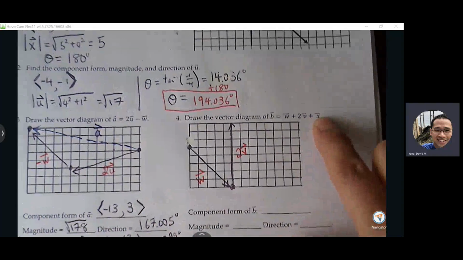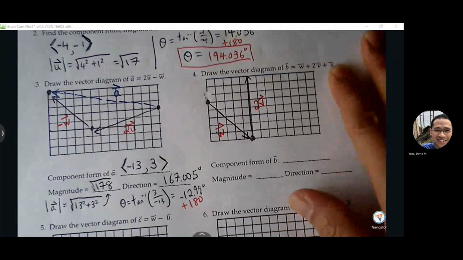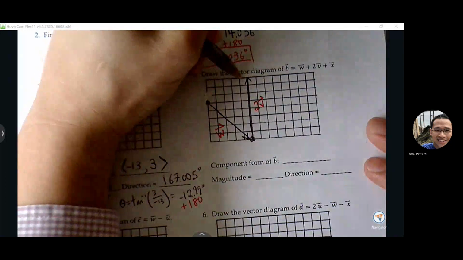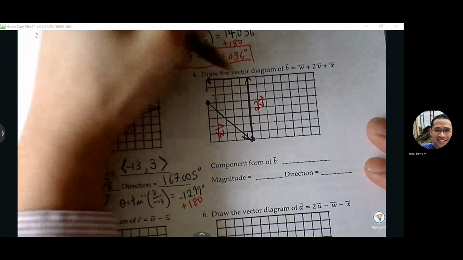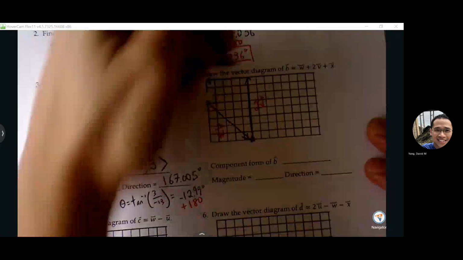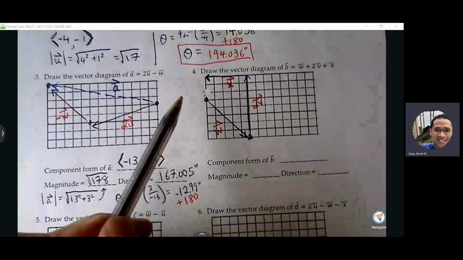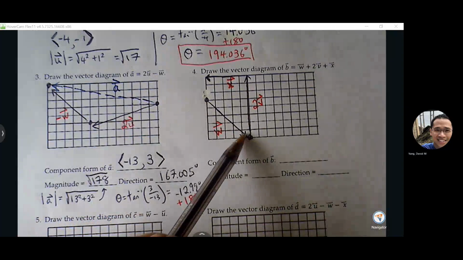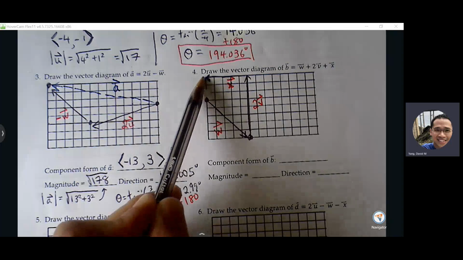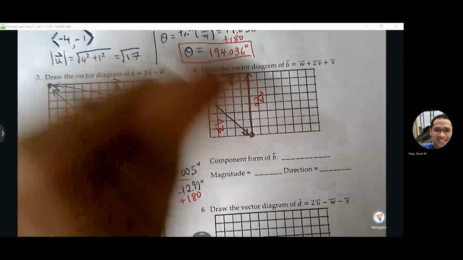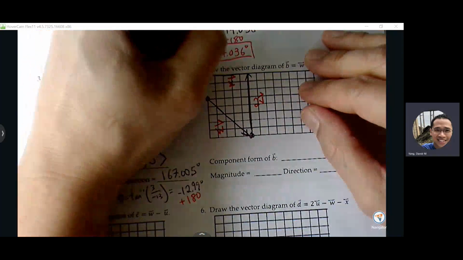And then I can go in the direction of X, and X is moving to the right 5 units. So I start here, I end here. So I'm just going to draw a line from my starting point to my ending point. So this is my resultant vector.